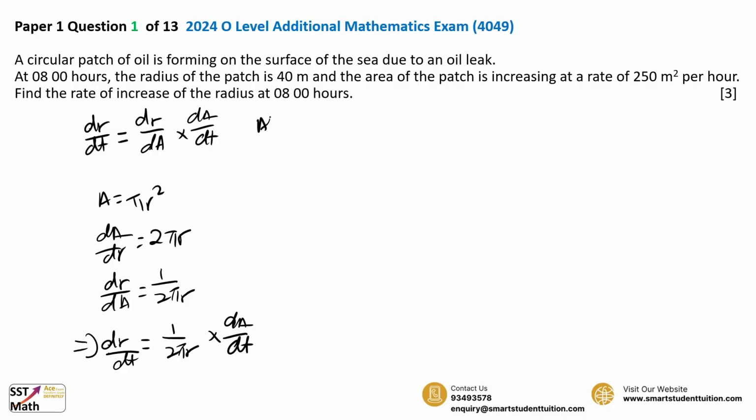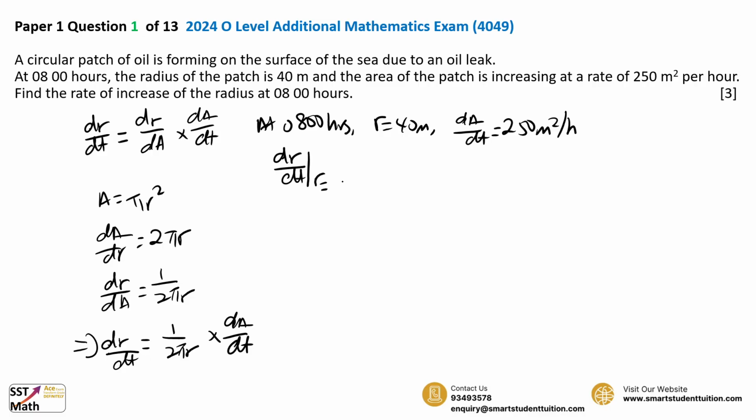Now, at 0800 hours, r equals 40 meters, and dA over dt is equal to 250 meters squared per hour, right? So the rate of increase of the radius at this point, which is r equals 40 meters, is equal to 1 over 2 pi times 40, multiplied by 250.